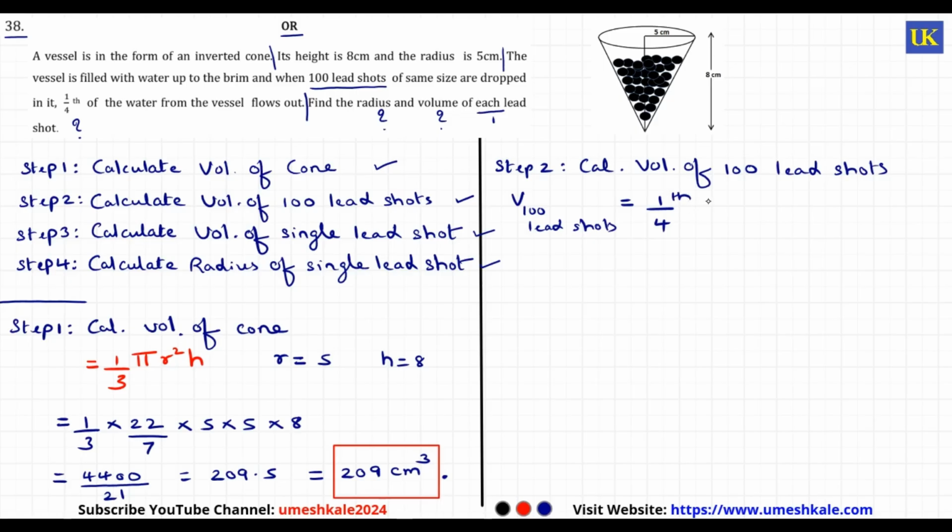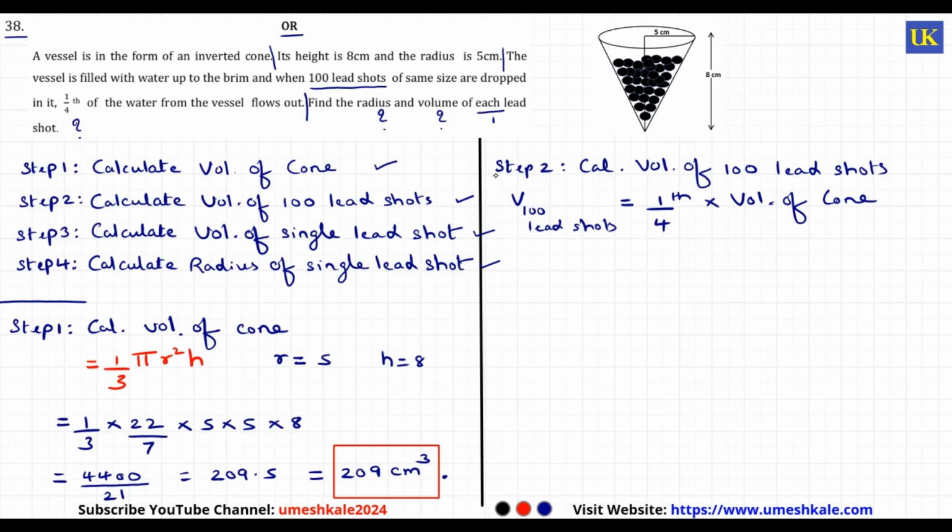So one fourth of the volume of cone will be equal to the volume of all the 100 lead shots, because here they have told that when we drop 100 lead shots, one fourth of water flows out of the vessel.